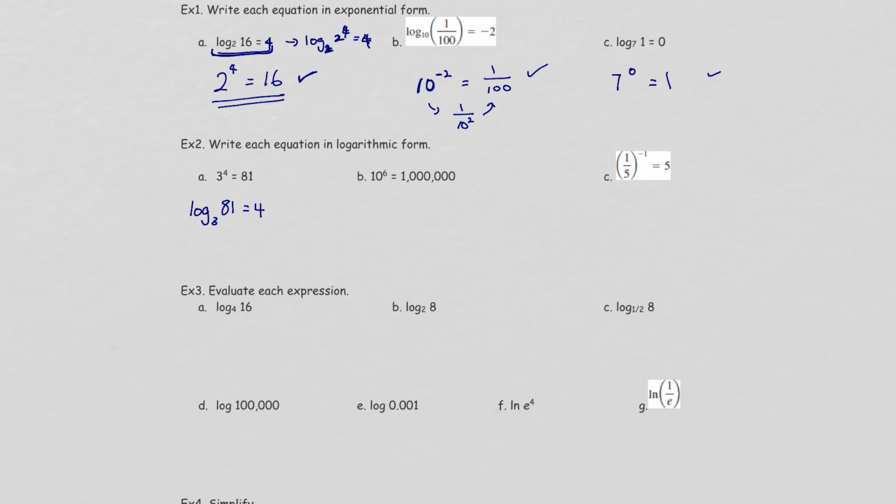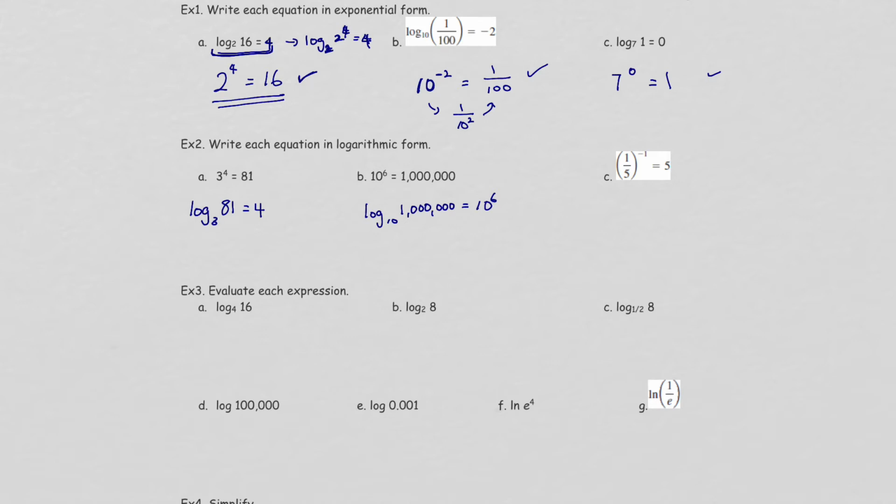So let's try this one. It will be log base 10 of 1 million equals 10 to the 6th exponent. I'm not trying to explain if this is true or not, because right now, again, we are just exercising how to convert.